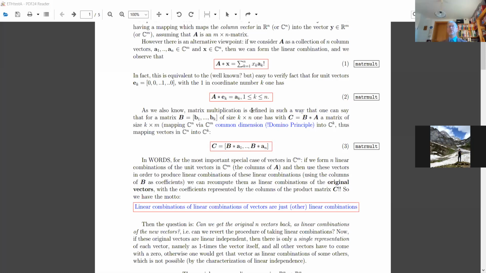It has to fit, so the target of the first mapping, which is applying the matrix A in this case, we are doing left matrix multiplication as usual, has to be the same as the domain of the second operator, which is matrix multiplication by B, and I simply call it the domino principle.